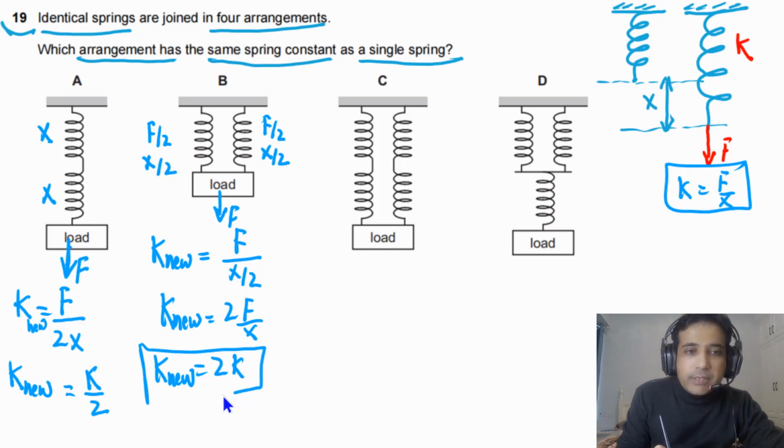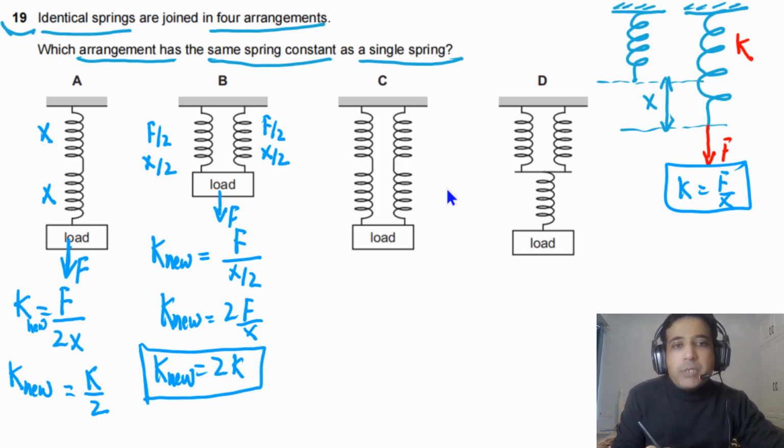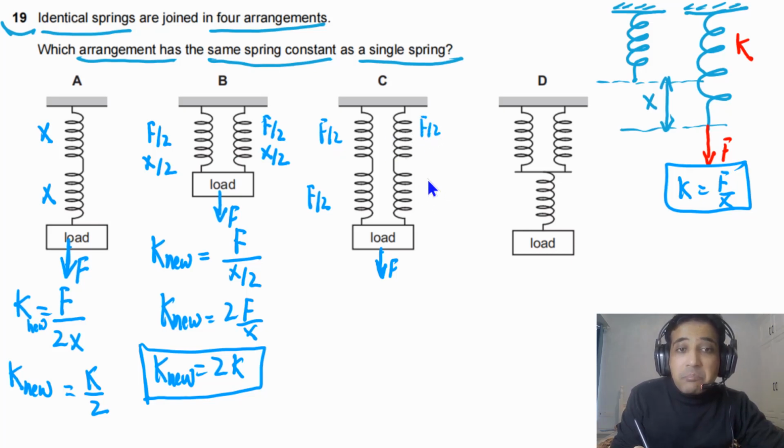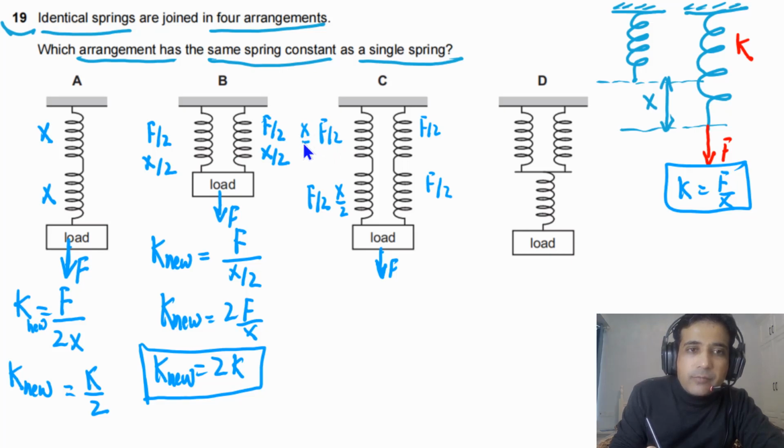And now we can go to the next one. In this case, again, we apply force F. The force on this spring will be F by 2 and the force on this spring also will be F by 2. These springs are massless. Now, the extension of each spring will be X by 2.